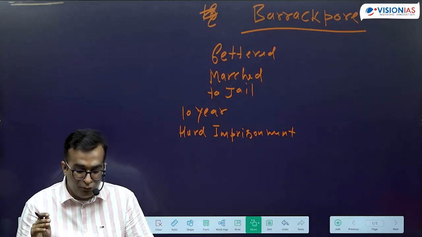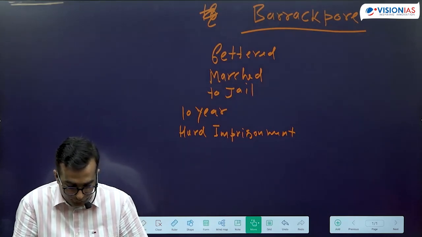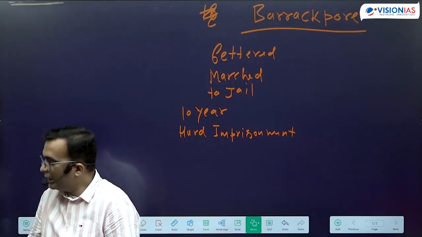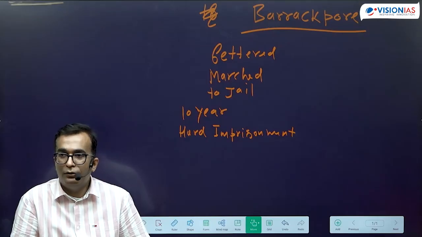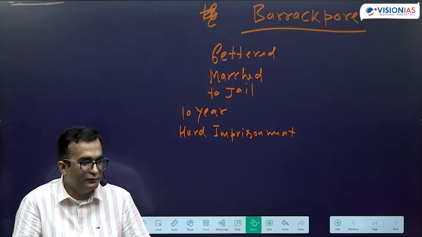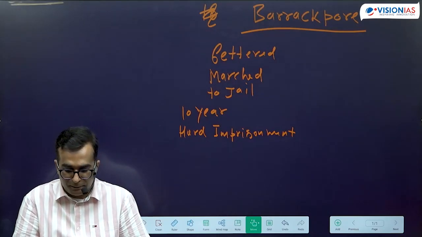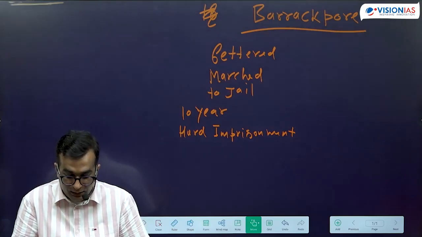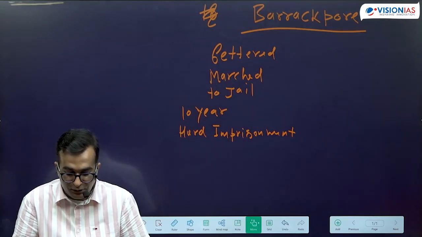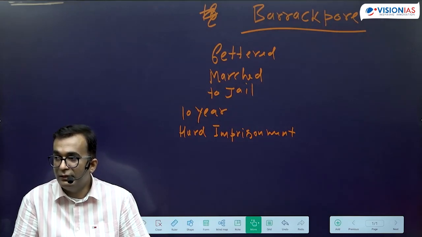On 11th of May, reaching Delhi, they proclaimed Bahadur Shah Zafar as the Emperor of Hindustan and started the mutiny in his name.